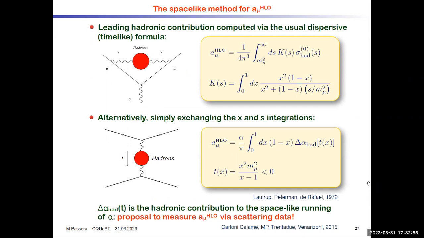So in this way, you could scatter anything. Yes, but you need something very clean, right? In fact, initially we thought of e+ and e-. Why do you choose muons? We chose muons because muons are very clean.